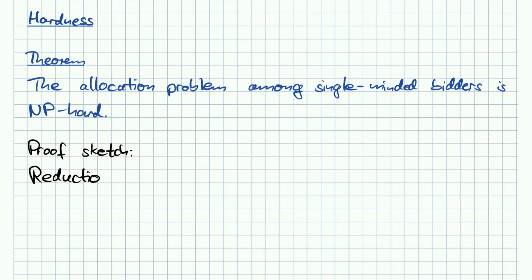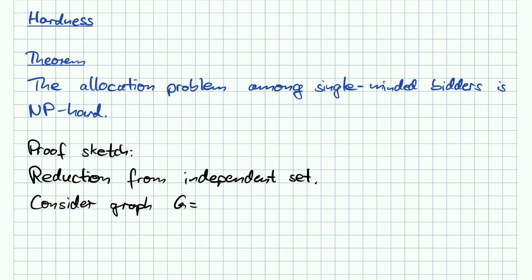So we will show a reduction from independent set. How do we now transform the input? If we are given a graph, what we'll do is very simple: we'll set the set of bidders to all vertices and the set of items to all edges.